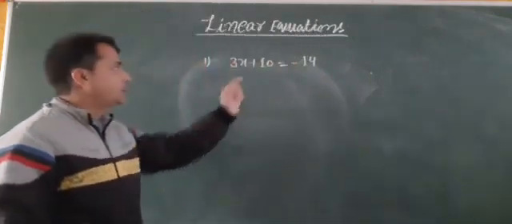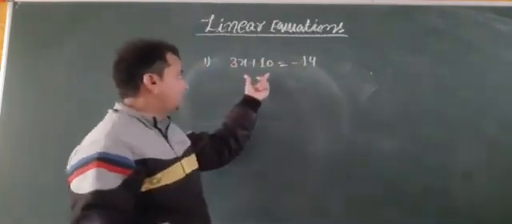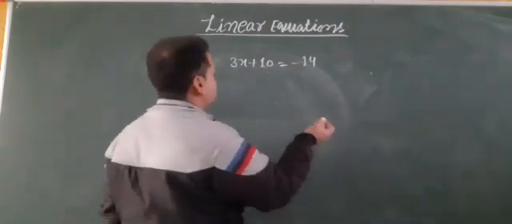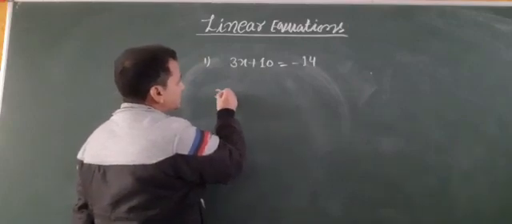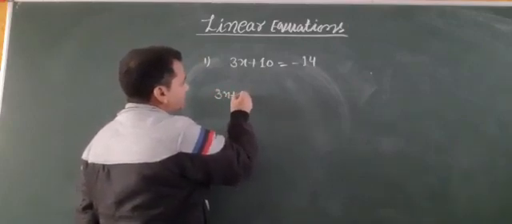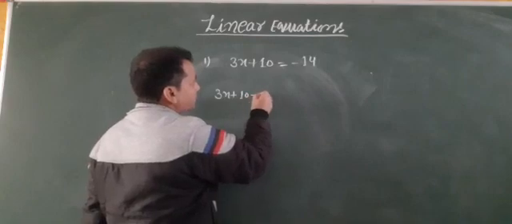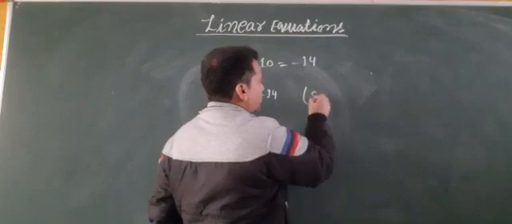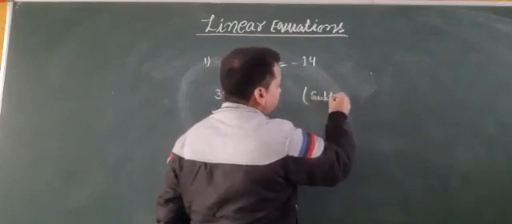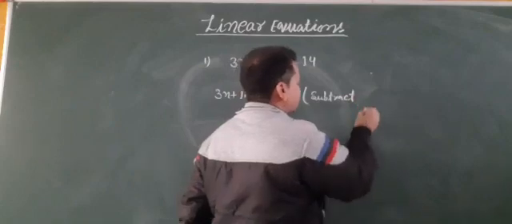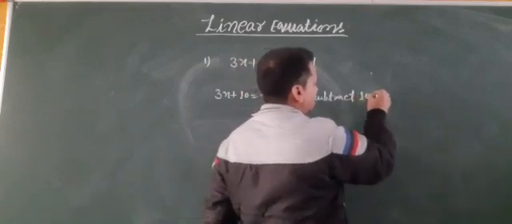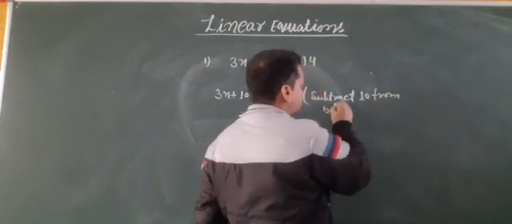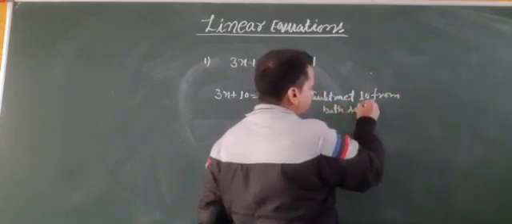So the first step to solve this problem is subtracting 10 from both sides. 3x plus 10 equal to minus 14. Subtract 10 from both sides.